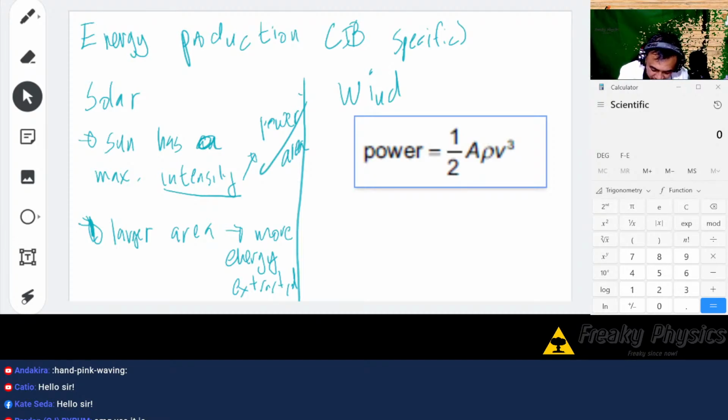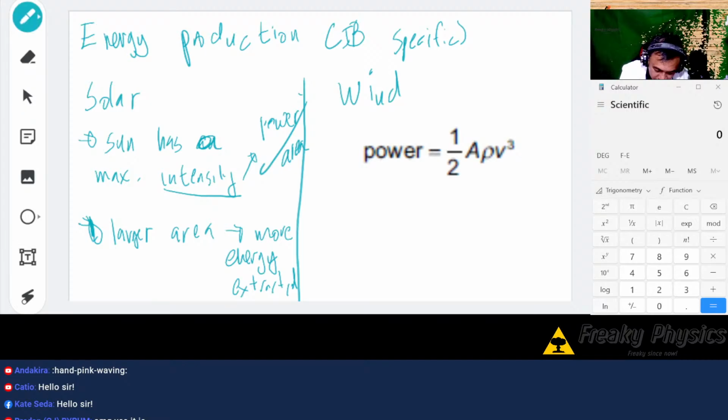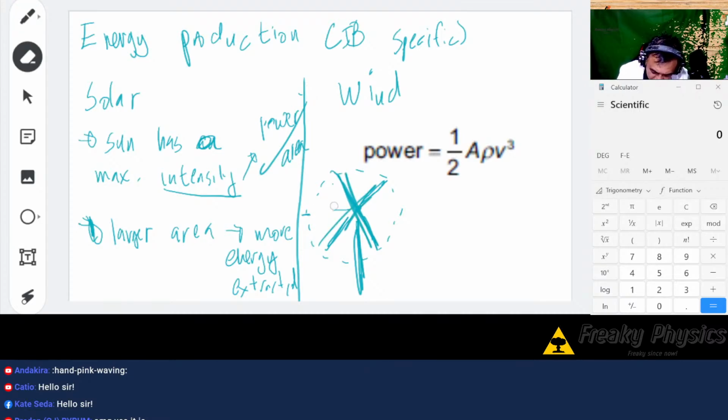Basically, the idea here is if this is your windmill, and your windmill has blades, it doesn't matter how many blades there are, but I'm just going to draw 4 to make it easier. Now this has a radius r, so from here to here is the radius r. The area here is equal to pi r squared, and that's the area swept by the blades.